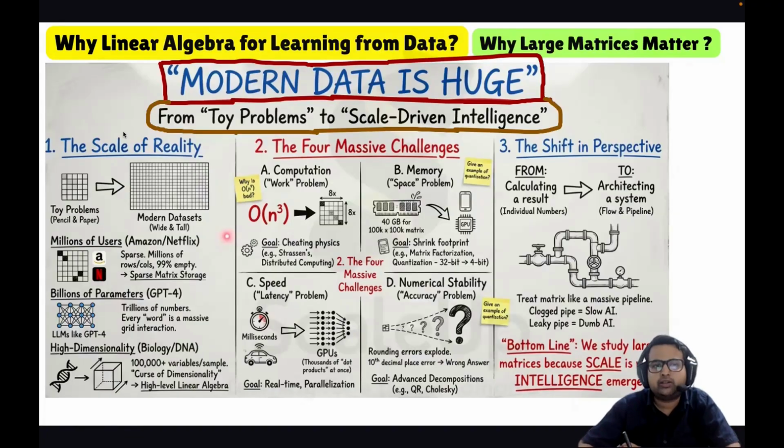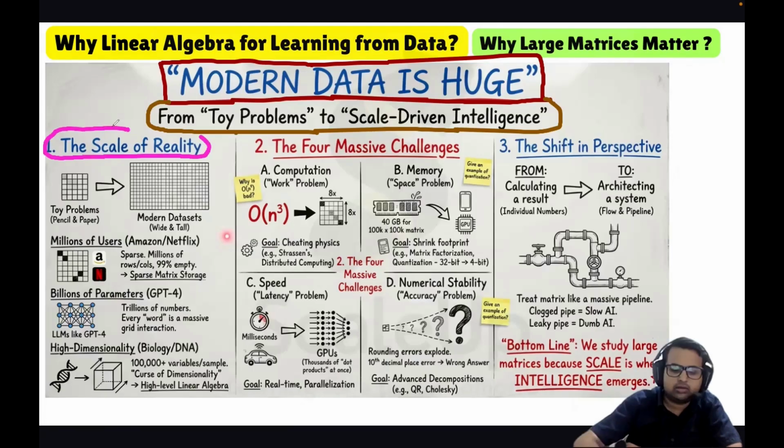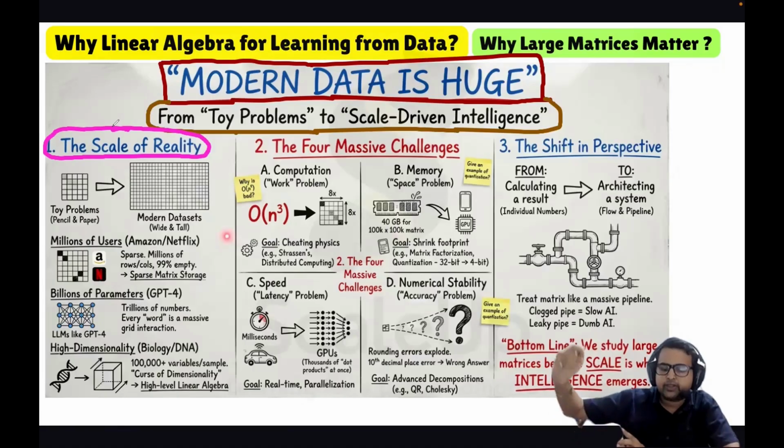First let us look at the scale of reality. Modern data sets are wide, they contain many features, and they are tall, with many observations. The world we are in, we are talking about millions of users.